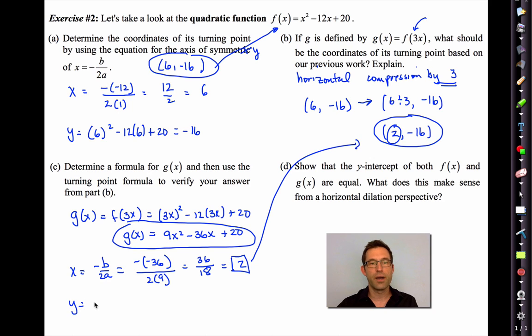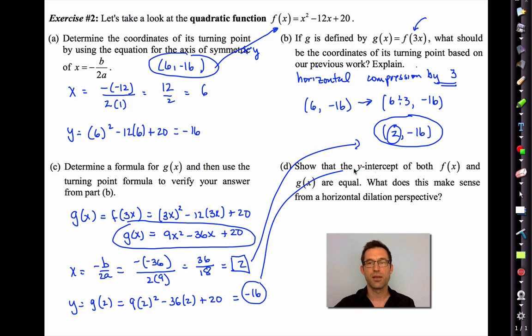And of course the y I'm going to get by just doing g of 2, by doing 9 times 2 squared minus 36 times 2 plus 20. And again, the remarkable thing about that is that it ends up being negative 16. All right, so what we see is by doing f of 3x, our x value got divided by 3, at least for the turning point, but the y value didn't do anything at all.